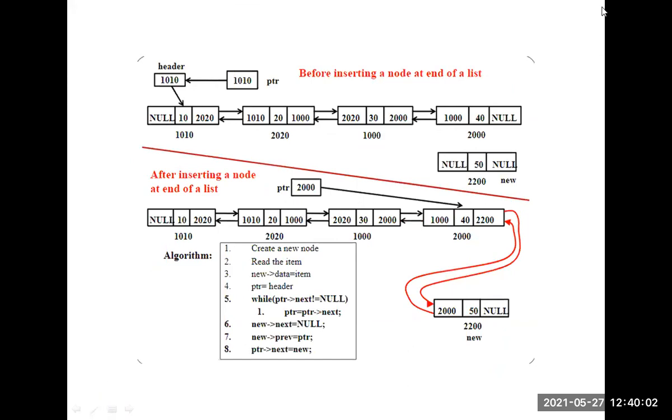Here, where is the end stored? How do we know the list has ended? How do we do insertion at the rear end?